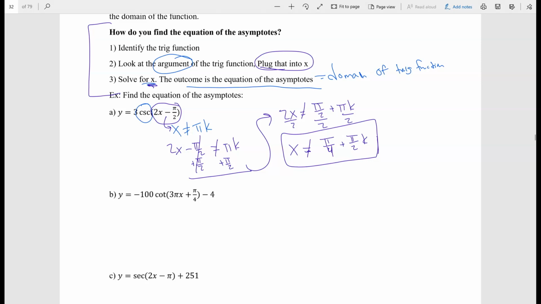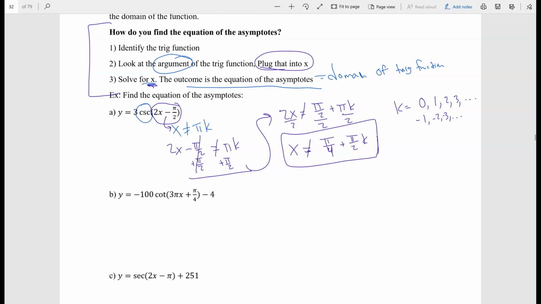Then after that, it's going to be pi over 4 plus pi over 2 times 2, and so on and so forth, because k here can be a positive number, and it can also be a negative number. Okay, so that's the equation of the asymptote.